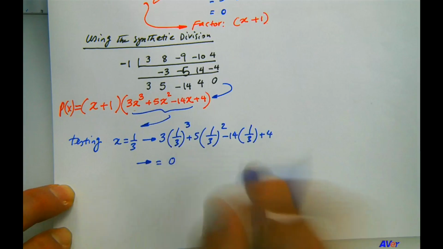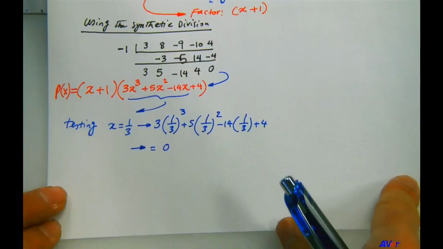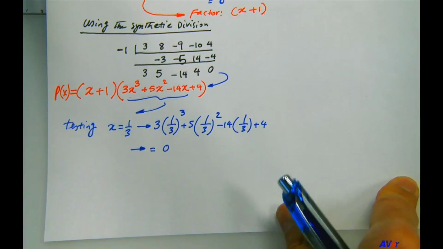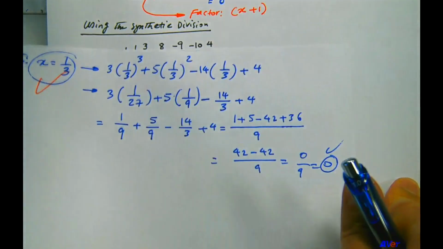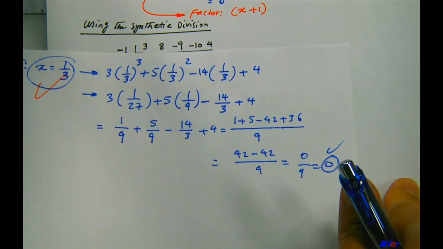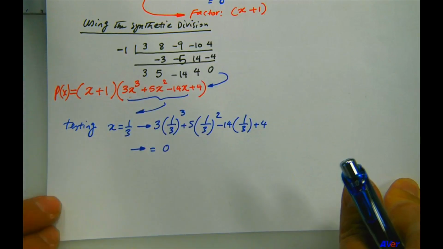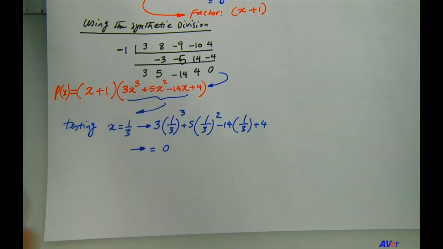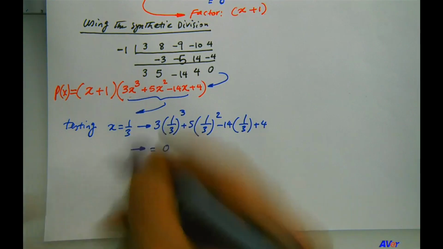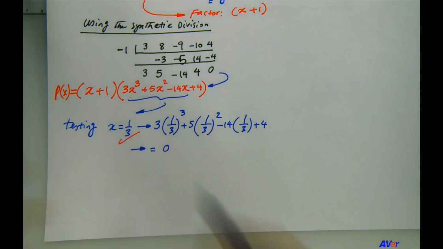I'm just going to write down 0 because my space is a little bit limited here. But as you saw on this scratch paper sheet, once we do the algebra on that, we will get 0. So x equal to 1/3 is a 0 of the polynomial.